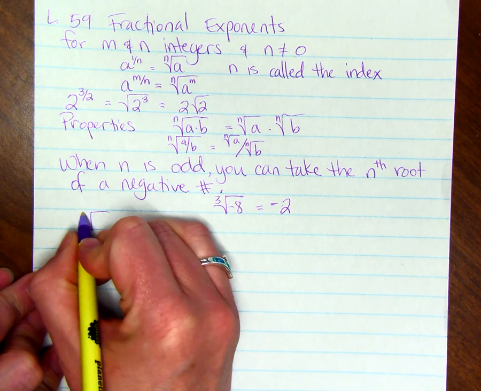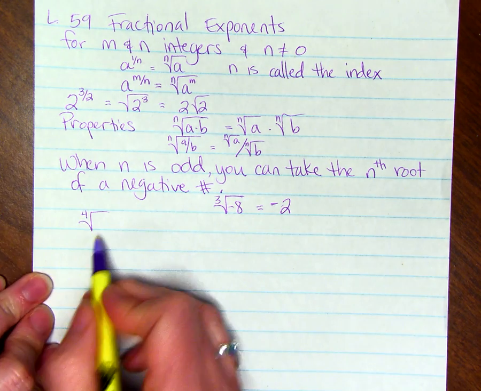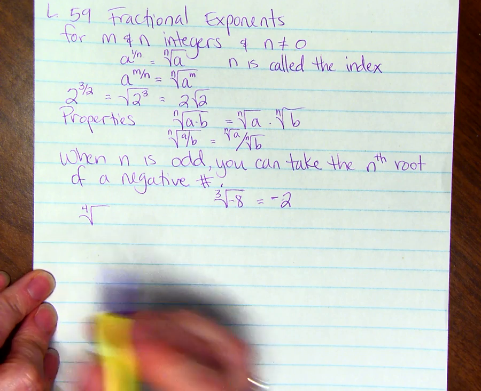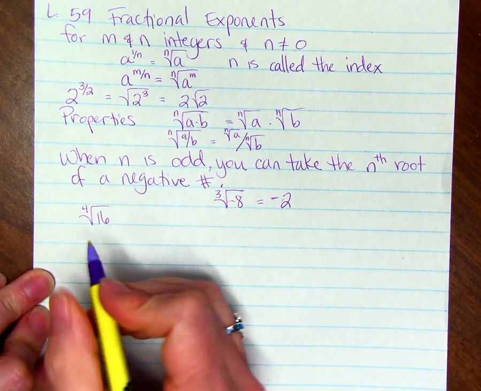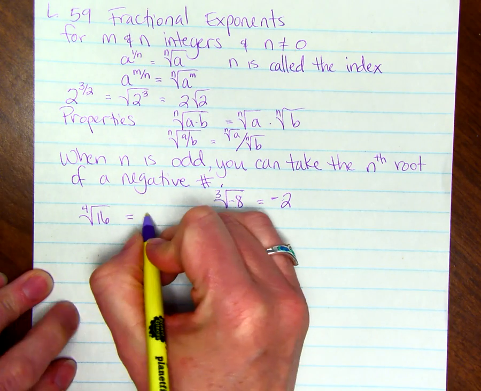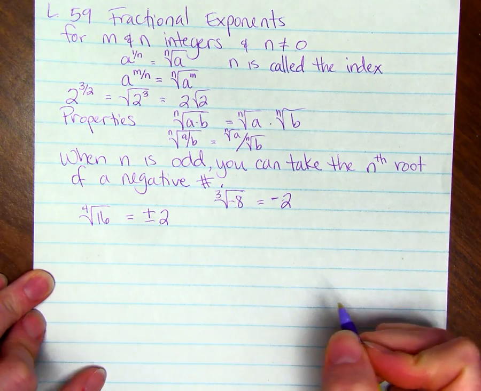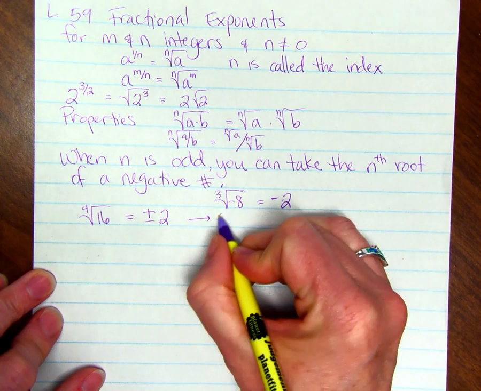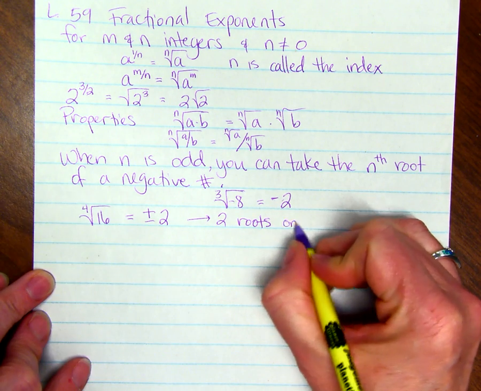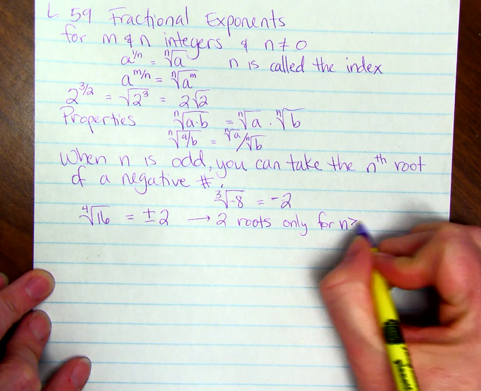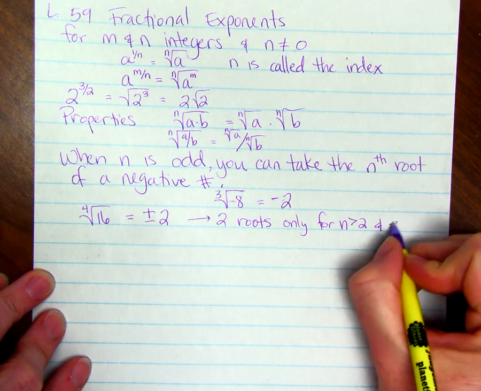When you take an even index greater than 2, so 4, 6, 8, etc. Here's an example. The 4th root of 16, you're going to have 2 roots, so plus or minus 2. So you will always have two roots only for n greater than 2 and even.